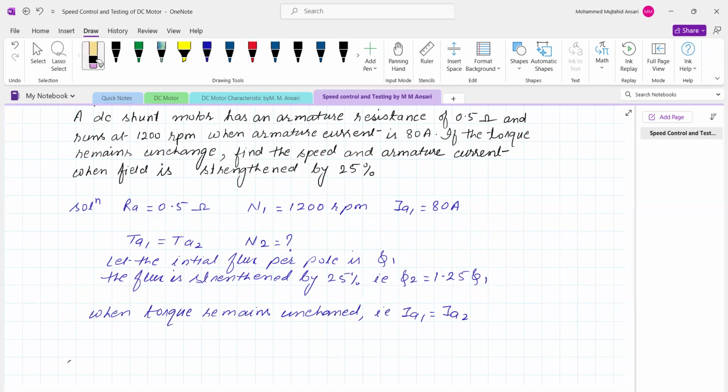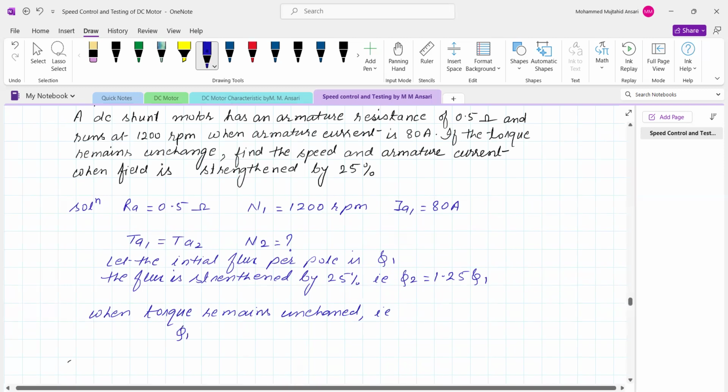Here the flux is not constant, so we will write phi1 IA1 is equal to phi2 IA2.